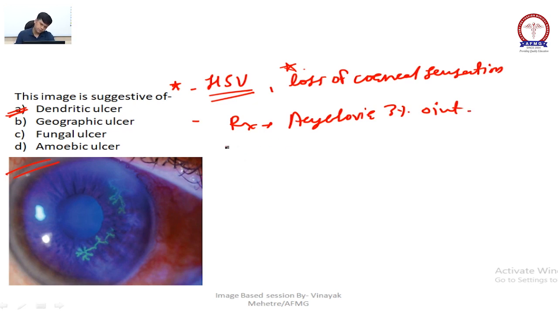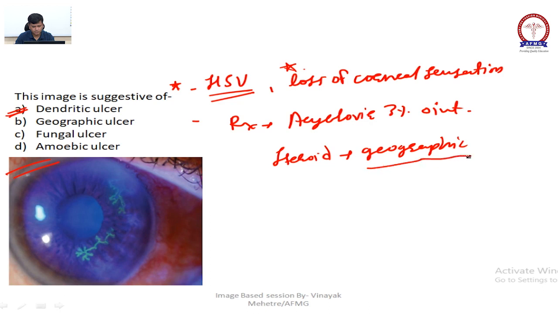And if you use steroid in dendritic ulcer, it will lead to geographic ulcer. So it is the complication of dendritic ulcer when you will use steroid.